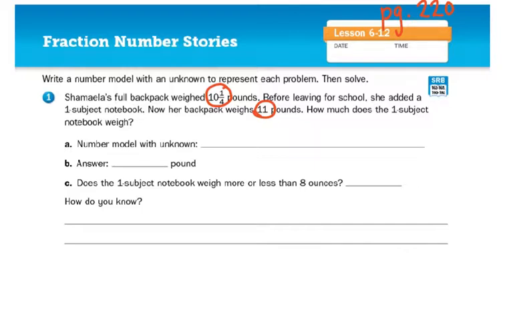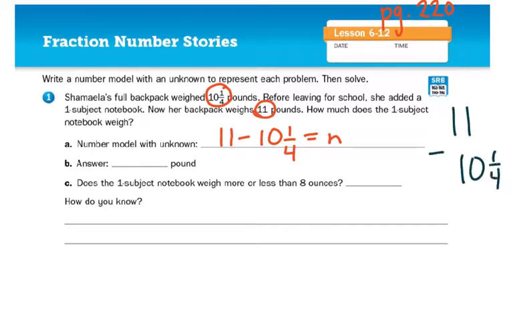So I'm going to start with the larger or the heavier weight, which would be 11, minus the 10 1/4 that it weighed before she put that notebook in. And I'm going to put N for notebook, but you could put an X, you could put a Z, a C, whatever you want to. Over on the side, I would go ahead and say 11 minus 10 1/4.